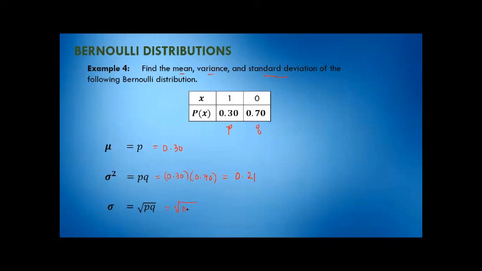That is the square root of 0.21. The answer is 0.4583 or just 0.46. So this is how we compute for the mean, variance, and standard deviation of Bernoulli distribution.